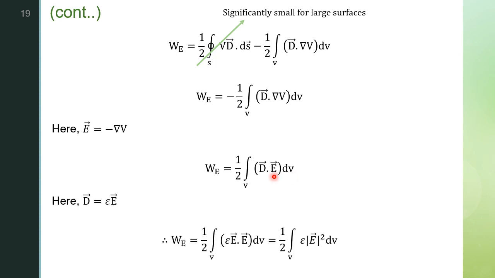Now we know that D is equal to epsilon E. So on substituting D as epsilon E, we will get epsilon into E dot E. If we are taking the dot product between two same vectors, it will be equal to magnitude E square since the angle between them is 0.